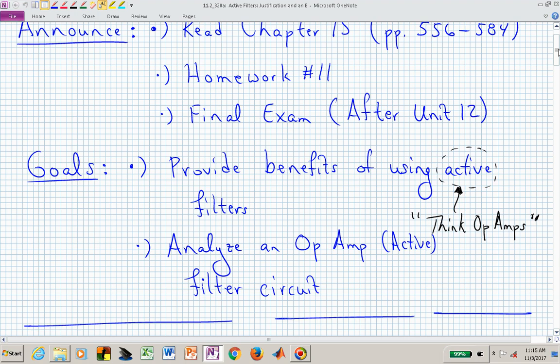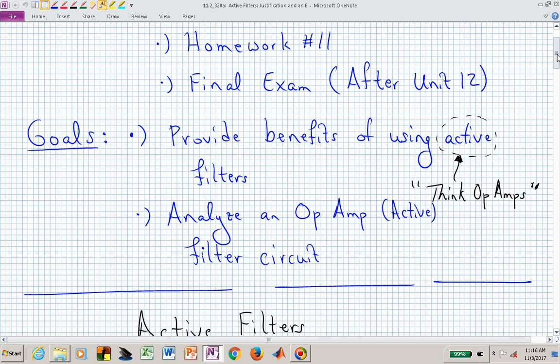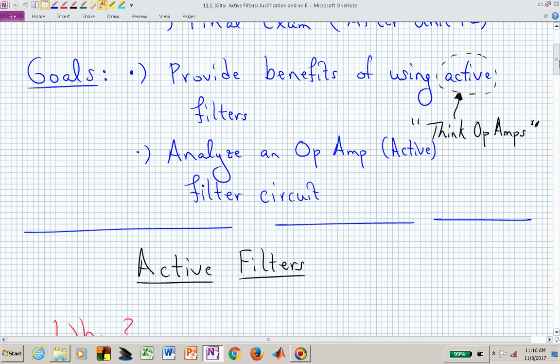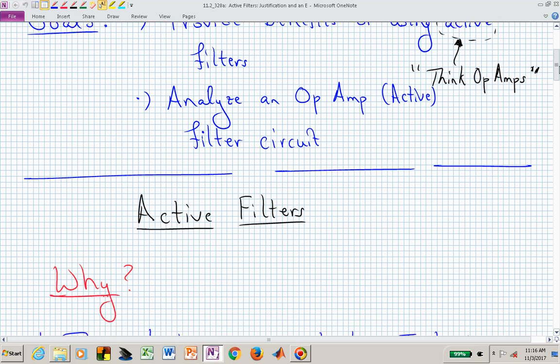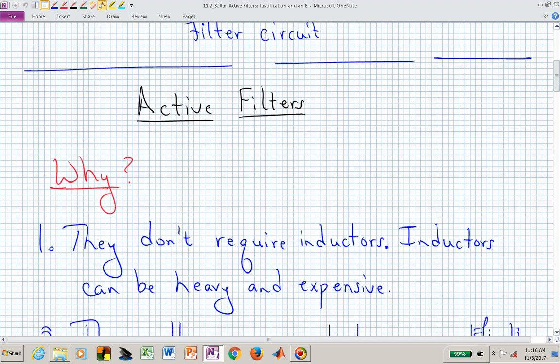So if you're talking about active filters, you might simply be thinking about op amps, and then we will analyze an active filter circuit and see what kind of frequency response or Bode plot that particular circuit has for its transfer function, and we'll then become a little bit more comfortable with analyzing active circuits.